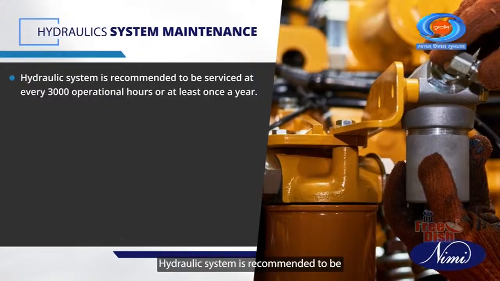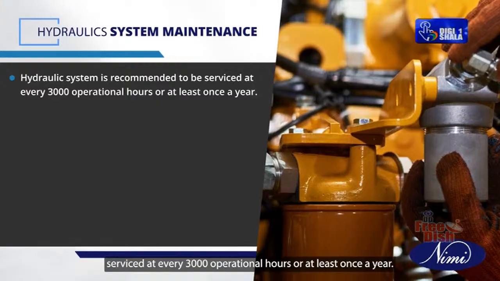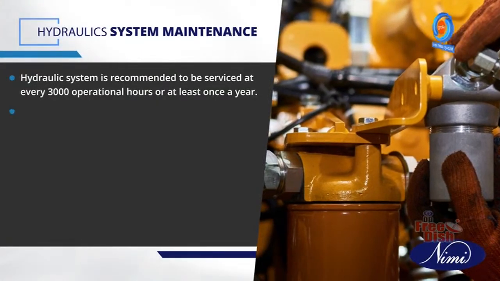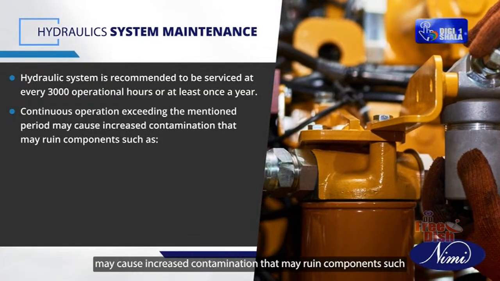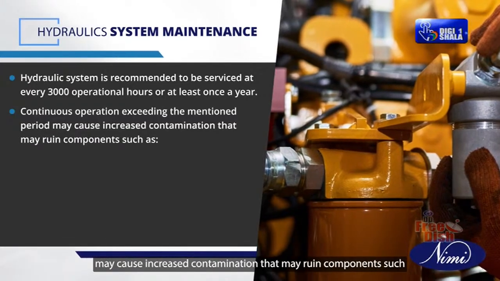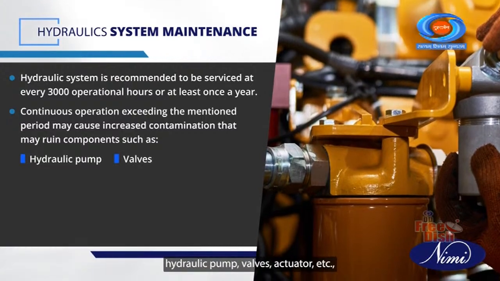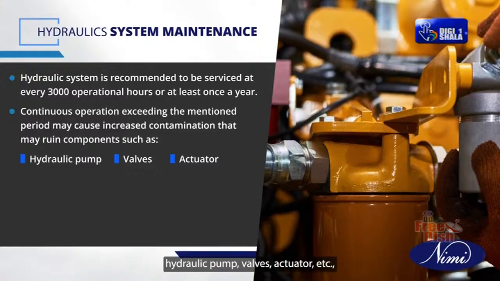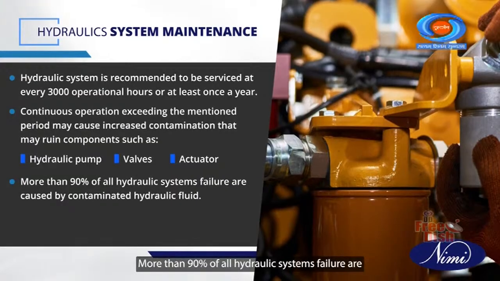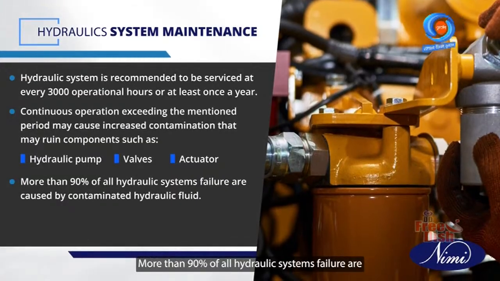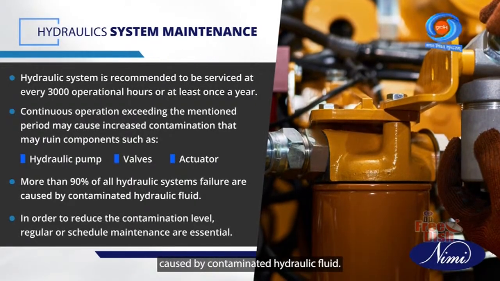Hydraulic systems are recommended to be serviced at every 3000 operational hours or at least once a year. Continuous operation exceeding the mentioned period may cause increased contamination that may ruin components such as hydraulic pumps, valves, actuators, etc. More than 90% of all hydraulic system failures are caused by contaminated hydraulic fluid.